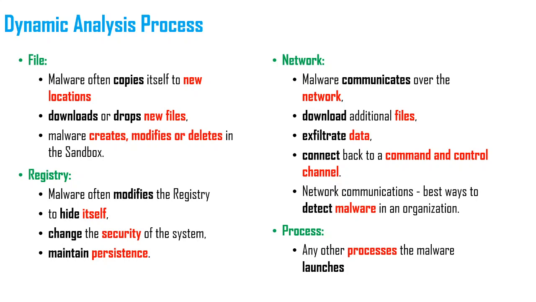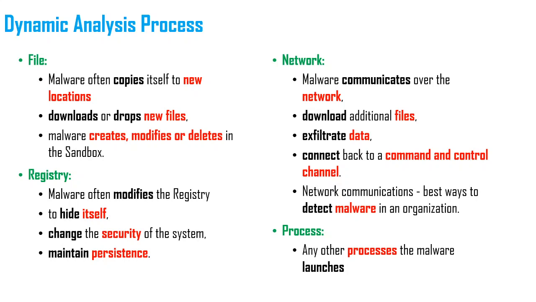And regarding the network, malware used to communicate over the network for what purposes? To download additional files, to exfiltrate data, to connect back to a command and control (C2) server. For connecting to this C2 server, it may retrieve some information from the malware author itself through some network communications. This network communication is the best way of detecting malware in an organization.